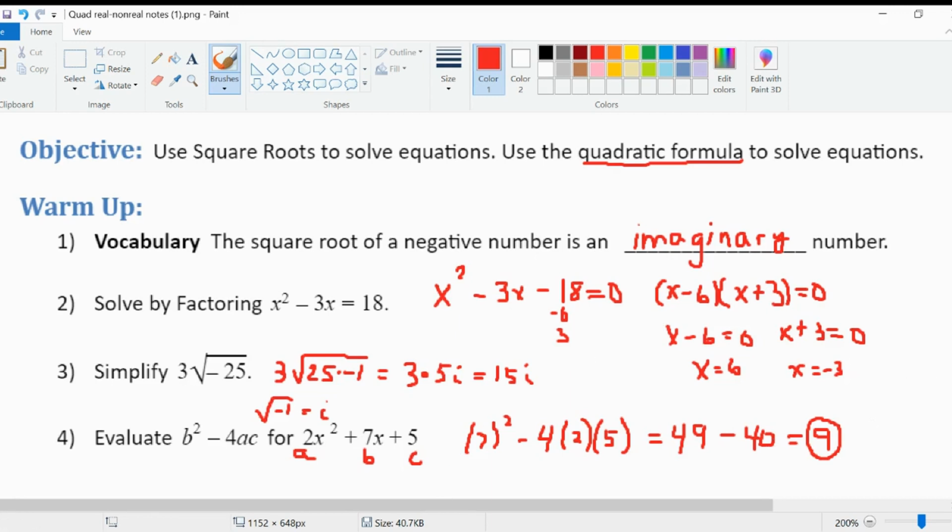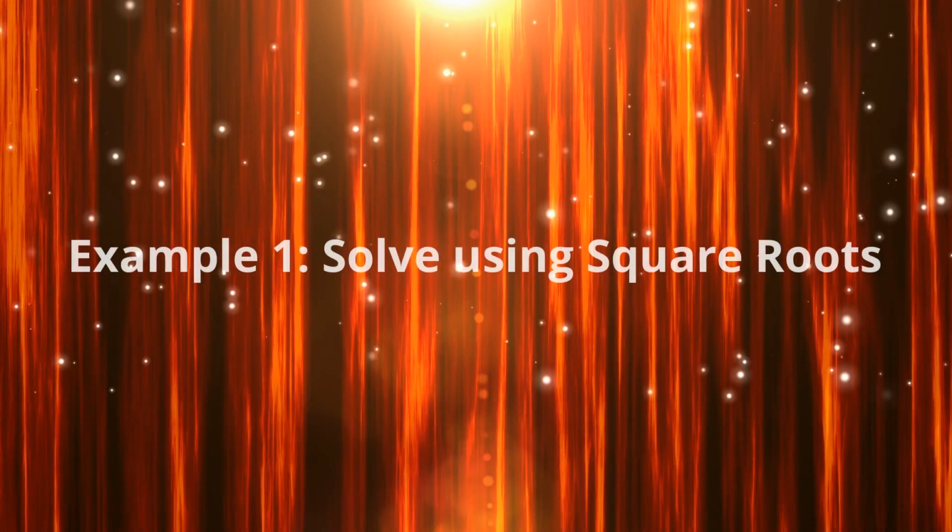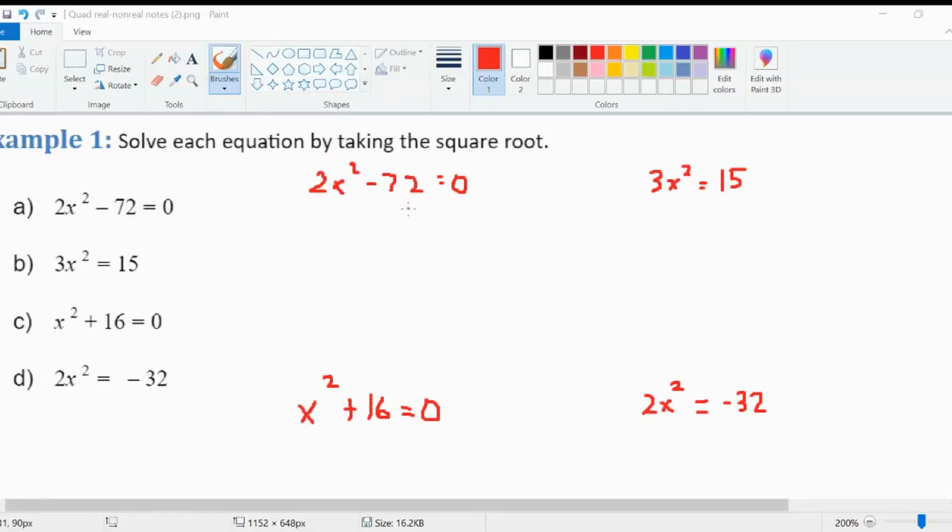So this warm-up will get us ready for starting our goal today of solving equations using square roots and using the quadratic formula. Solving quadratics by taking square roots, you'll find that this is very similar to solving the Pythagorean theorem, where we have an x squared term. We need to undo the x squared, and we'll do that by taking square roots.